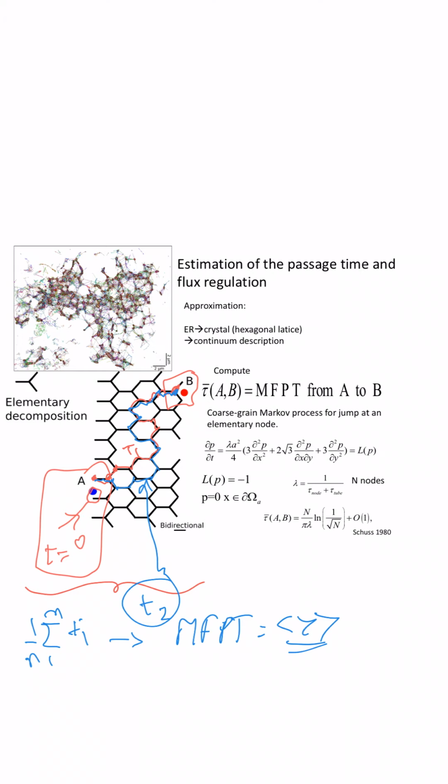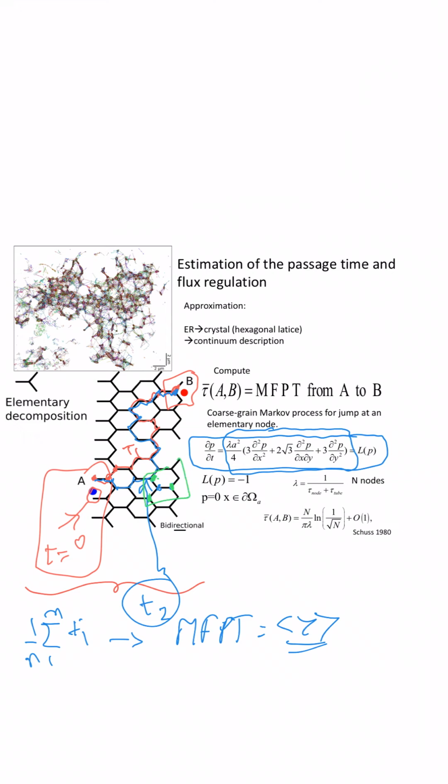For this, a short summary is that you can approximate this network in the continuum by using the solution of the Fokker-Planck equation. This operator is obtained by approximating the diffusion operator on a graph where from one point you can jump to only the 3 neighboring points, as I showed here in green.